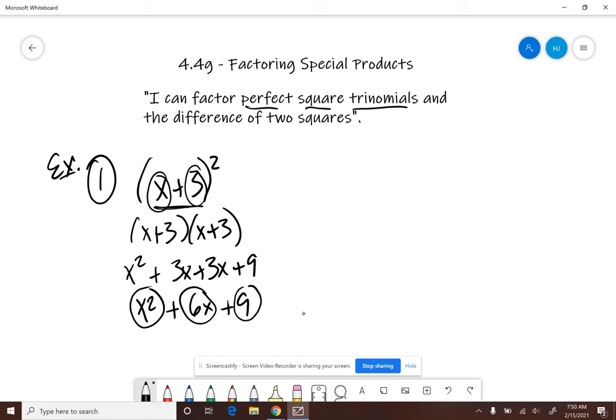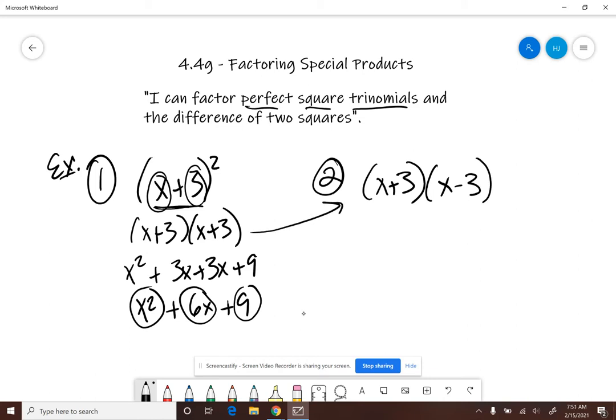I also want to show you another example here of a difference of squares. And so if I have a similar situation, but a little bit different, if I have x plus 3 times x minus 3, again, this is a little different here because I have different signs. So difference is a difference symbol, subtraction symbol, right? So I've got different signs here, which creates a totally different situation.